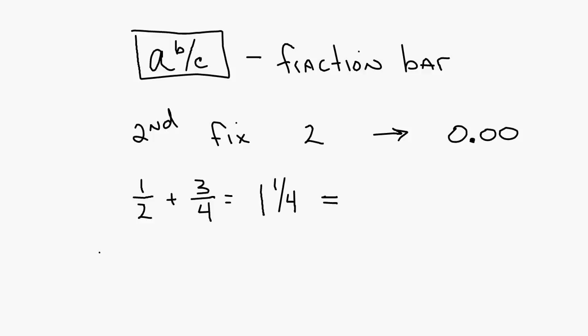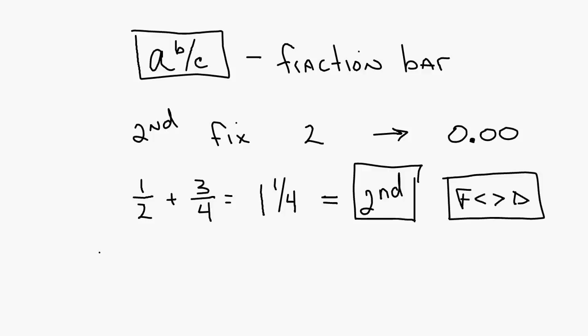Then I want you to push the second button, and in green it looks like this. It's the bottom left. It looks like F, arrow, arrow, D. And second fraction to decimal, you should get 1.25. Does everybody have that on their calculator?